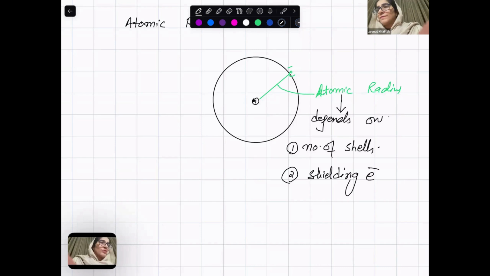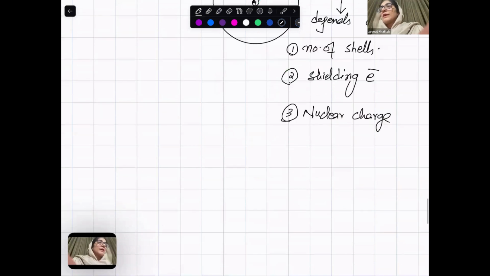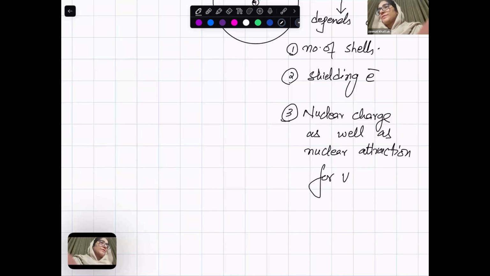shielding electrons and nuclear charge, as well as nuclear attraction for the valence electron.